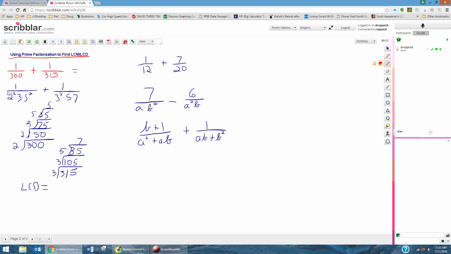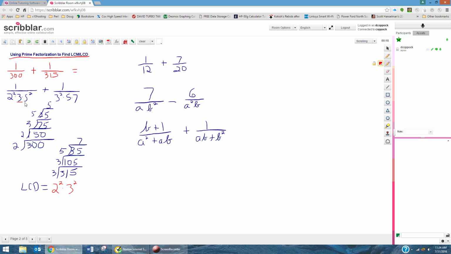So here I need a 2 squared, and I check to see the other denominator doesn't have any 2's in it at all, so I use 2 squared. Then I see that this denominator has a 3 in it, so I need some number of prime factors of 3, but I need at least 2 of them, because the second denominator has to be divisible by 3 squared.